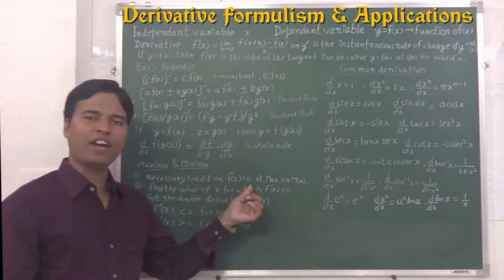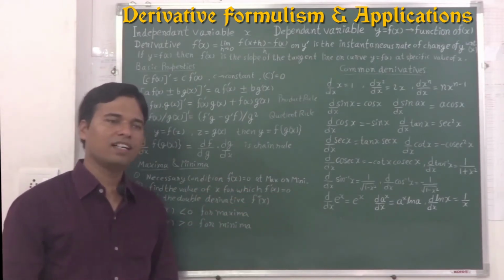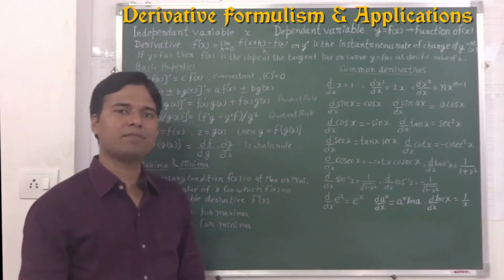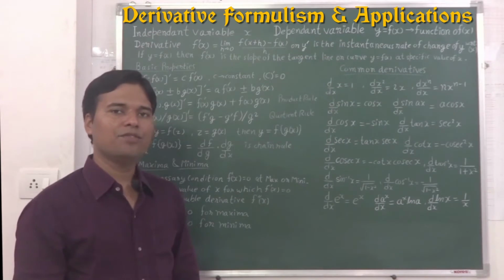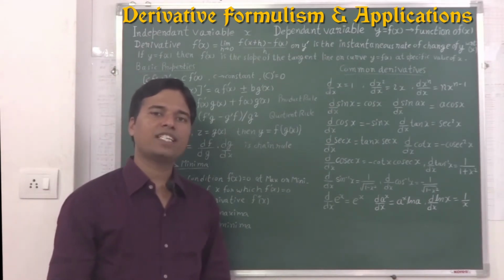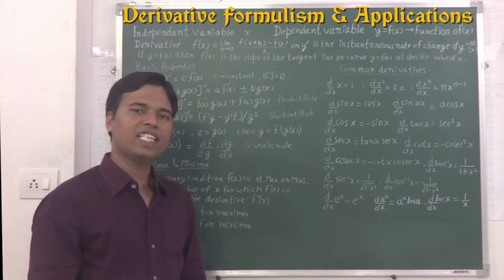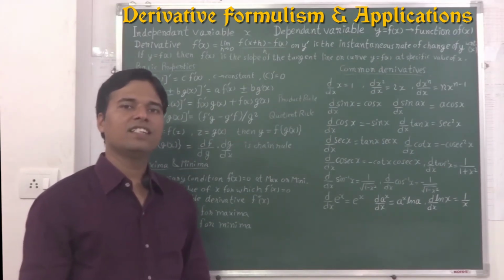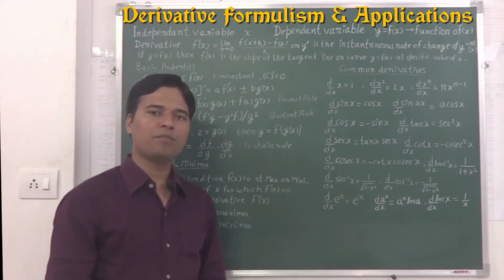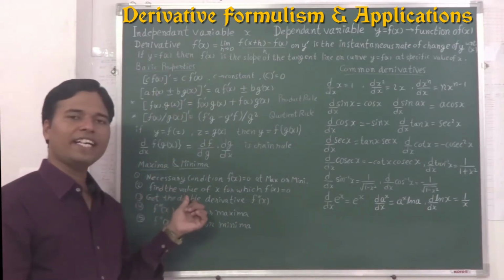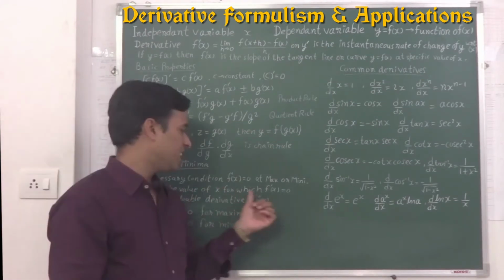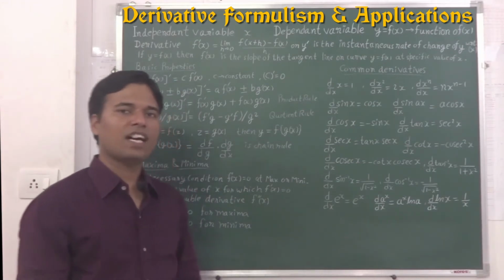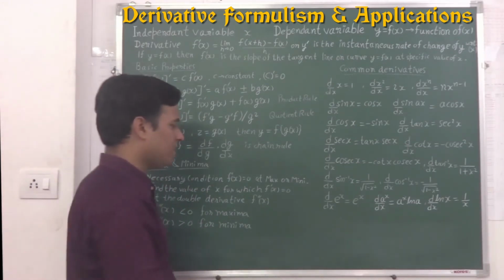The necessary condition for finding maxima or minima is that we take the first derivative of the function and its value will be equal to 0 at the points at which the function has its maxima or minima. Then we find the points at which the first derivative has the 0 value. These points are called maxima and minima.